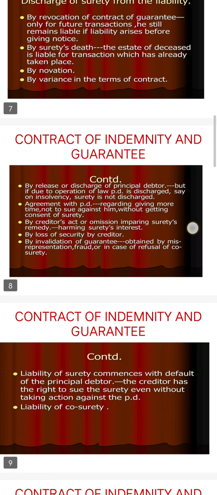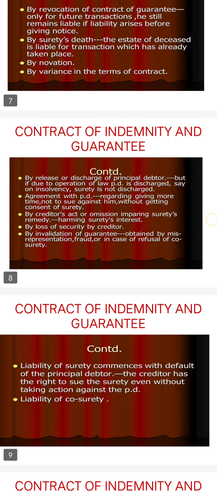Some more points in discharge of surety from liability. By release or discharge of principal debtor. But if due to operation of law principal debtor is discharged, say on insolvency, surety is not discharged. Agreement with principal debtor regarding giving more time or not to sue against him without giving consent of surety.